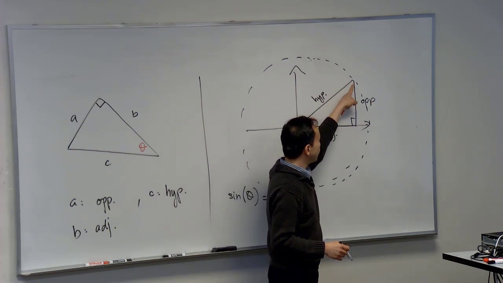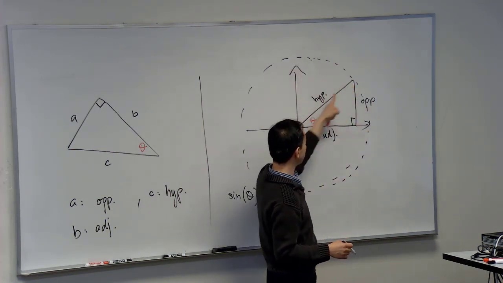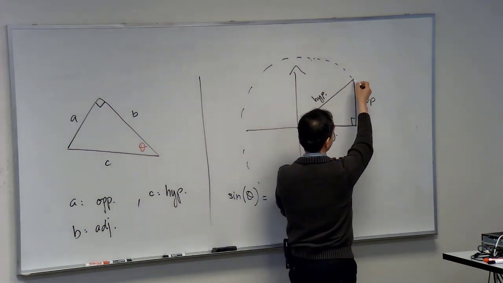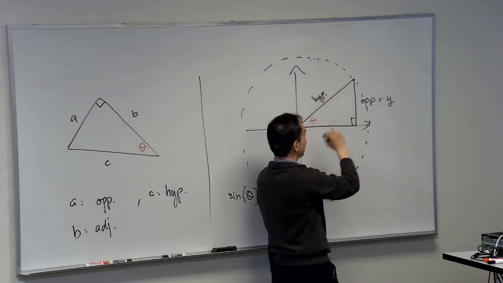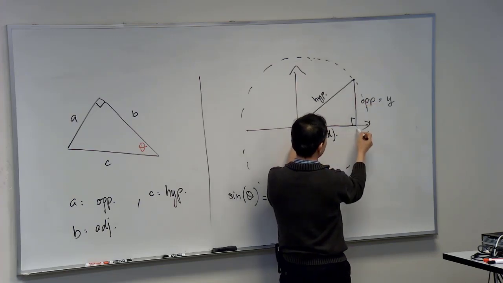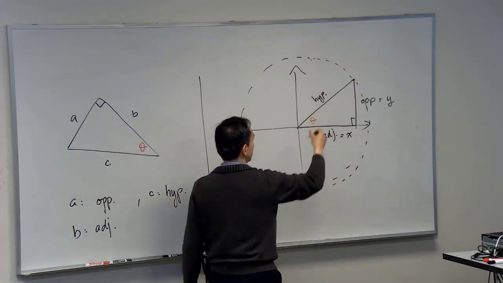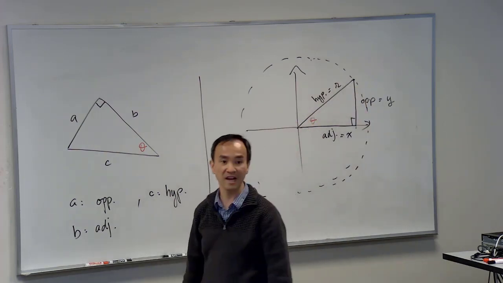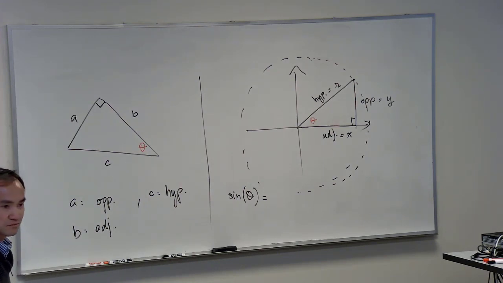The y value. Because I drew that circle centered at the origin and going through that vertex, the opposite here is acting as the y coordinate for that point. And the adjacent length right here is acting as the x value. You follow with that? And the hypotenuse turns out to be exactly the radius when we put our triangle like that, to stay right on a circle centered at 0, 0.